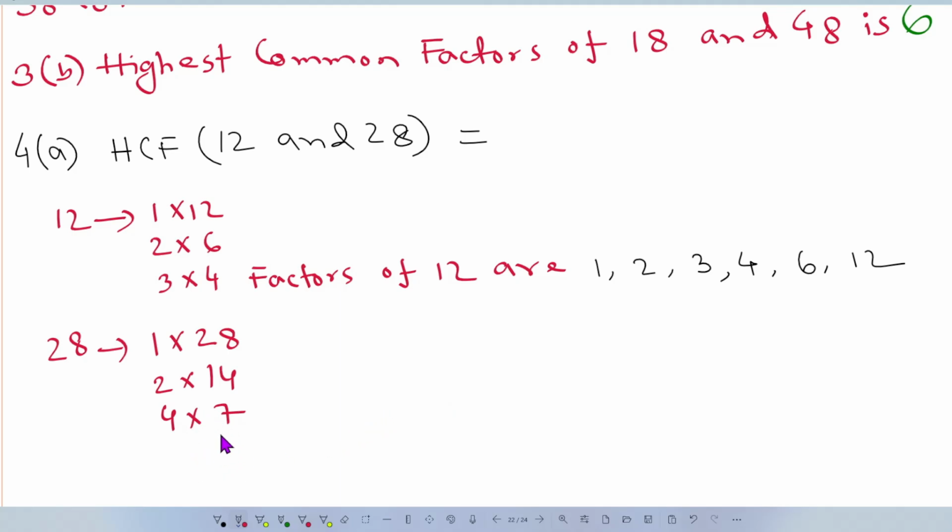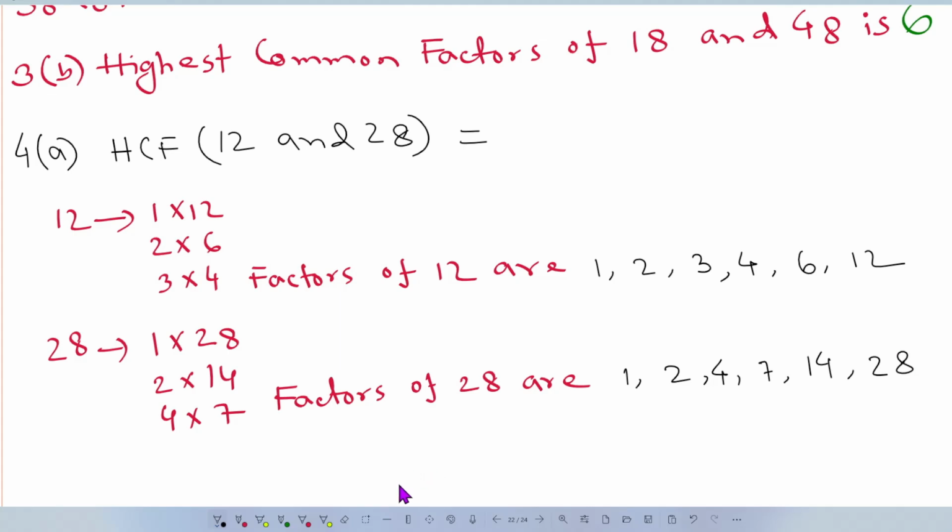Then the rest are not factors of 28. So we can write factors of 28 are 1, 2, 4, 7, 14 and 28.